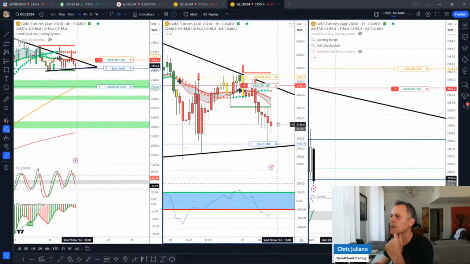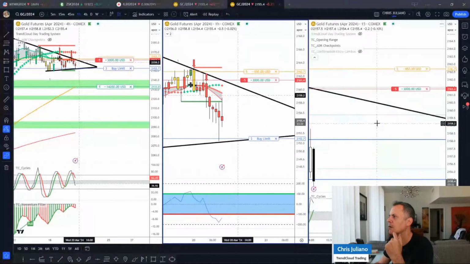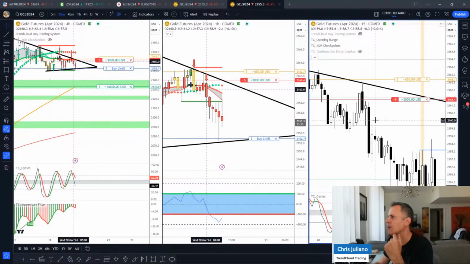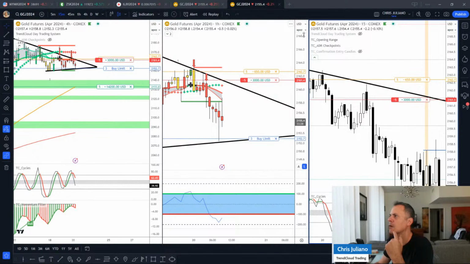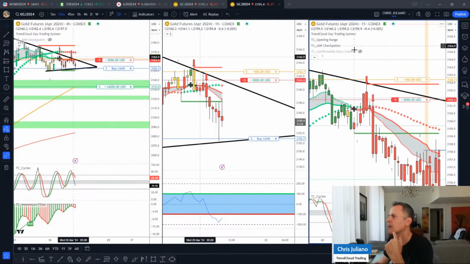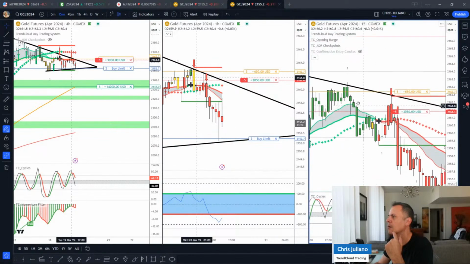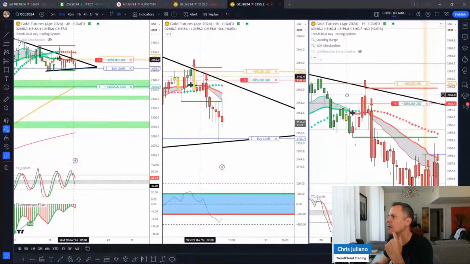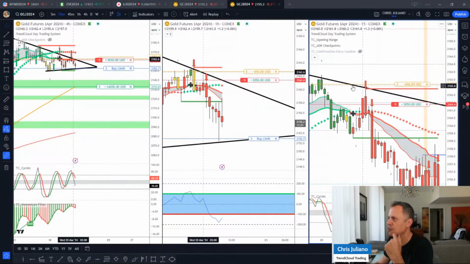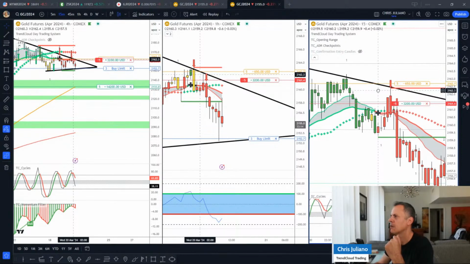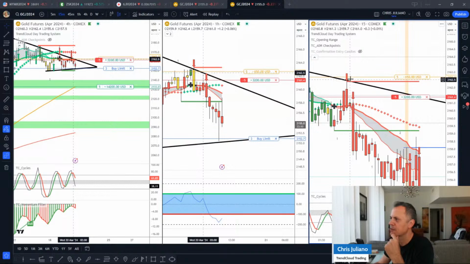It pulled back and actually hit that TrendCloud support, TrendCloud resistance level there. And we got the TrendCloud signal as well, right?